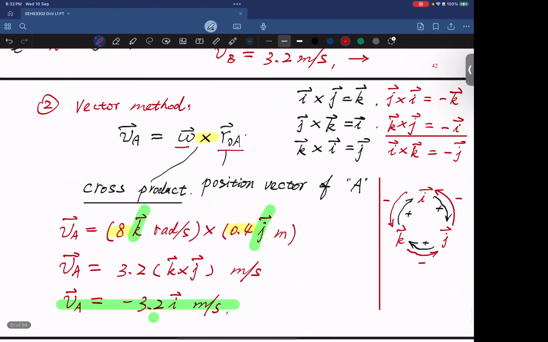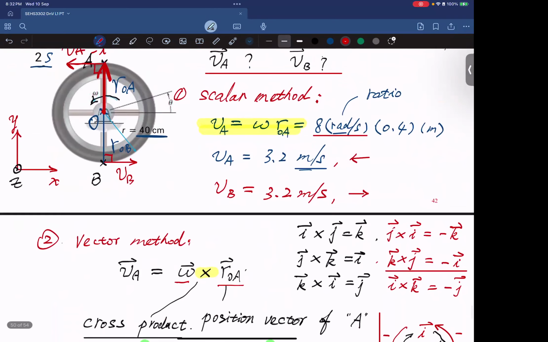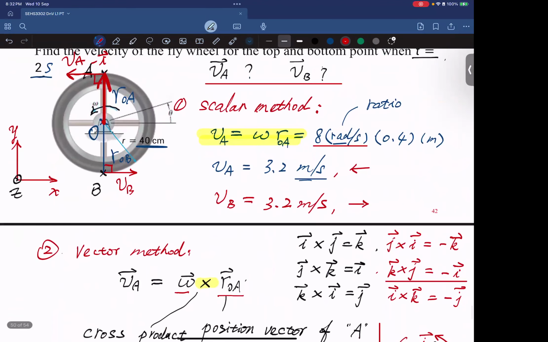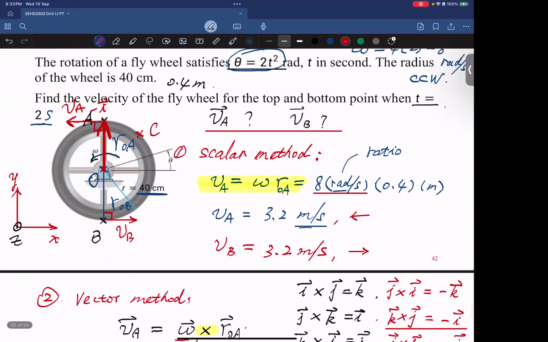And we can try another point, point C. We just put point C here. Point C is also on the edge of the flywheel, but at 45 degrees.